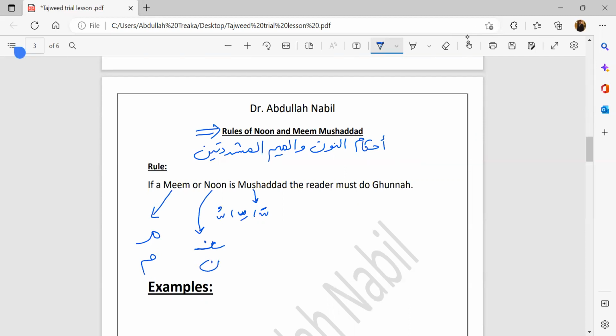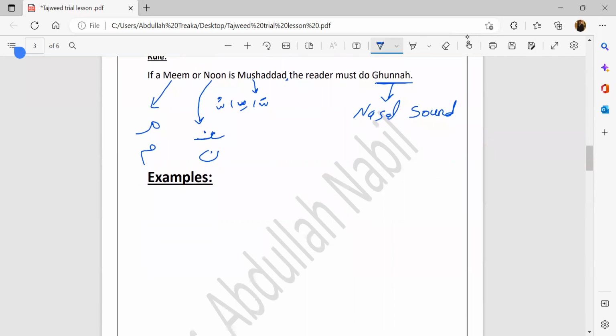If noon or meme have shadda on it, the reader must do غنة. What's meant by غنة? غنة, this is a nasal sound. Sound from your nose. So we will verify it in example.